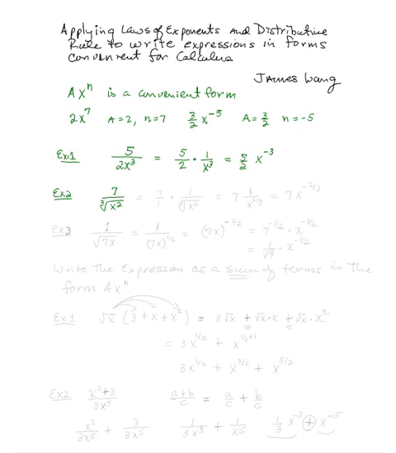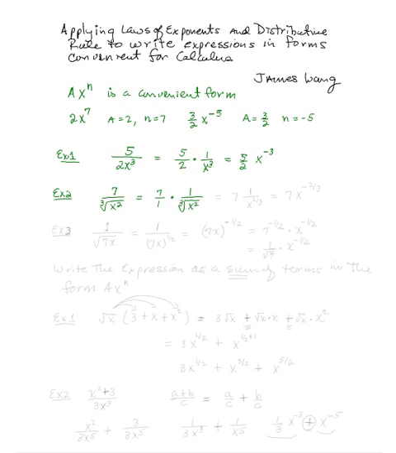Now again, you don't have to write all of this, but I'm still thinking about it as I want to separate my numbers and my powers of x. So I have 7 over 1 multiplied by 1 over the cube root of x squared.